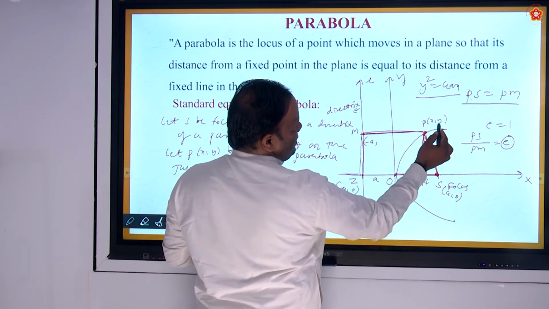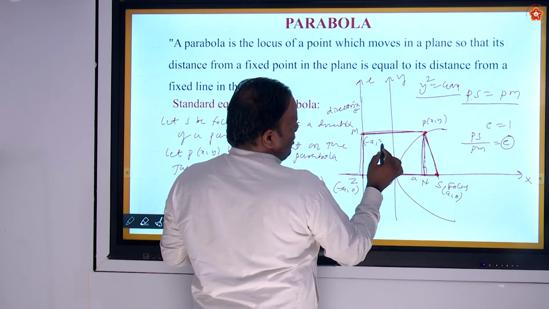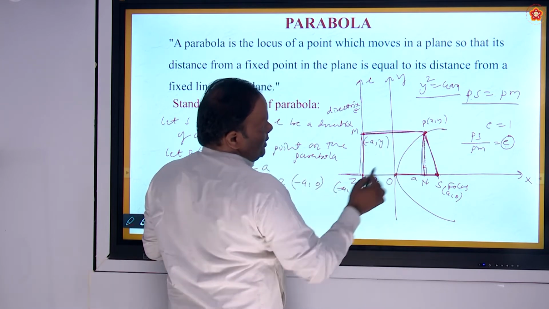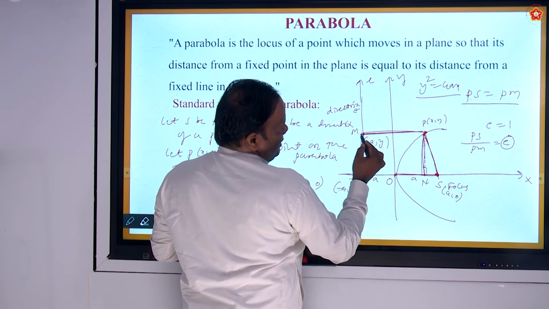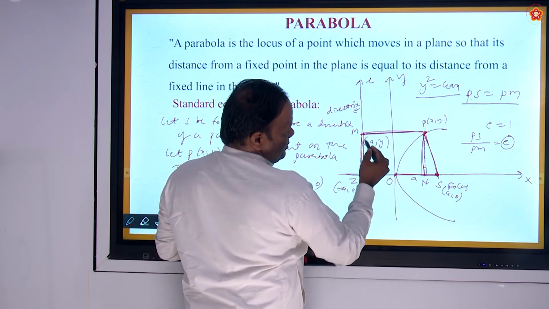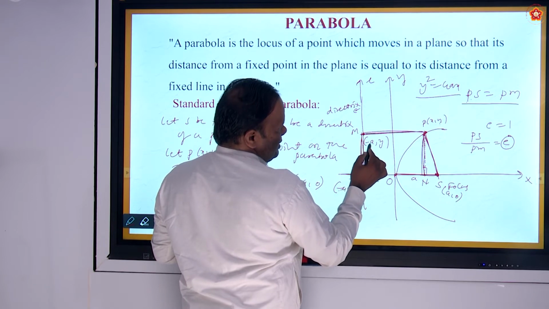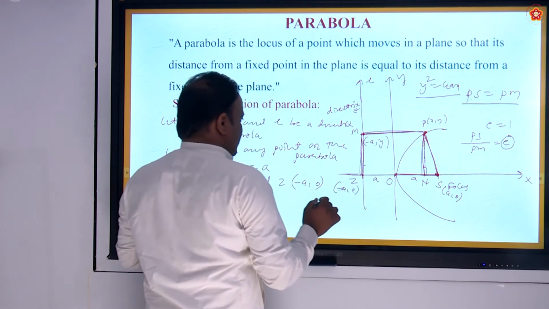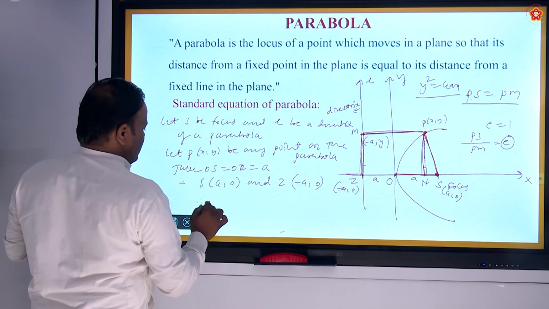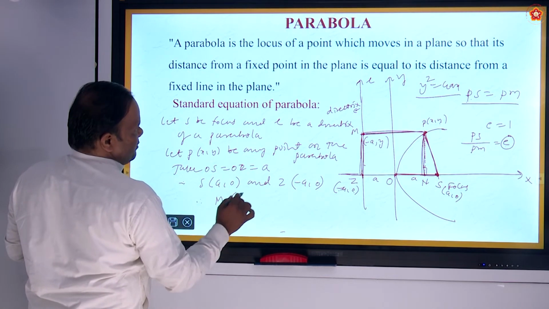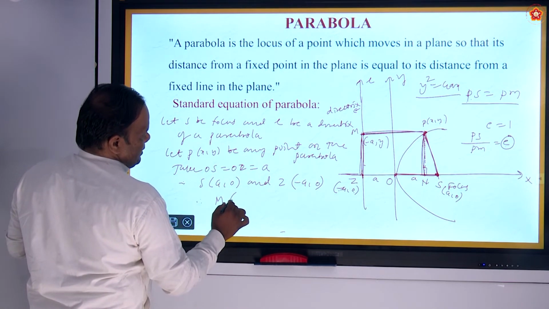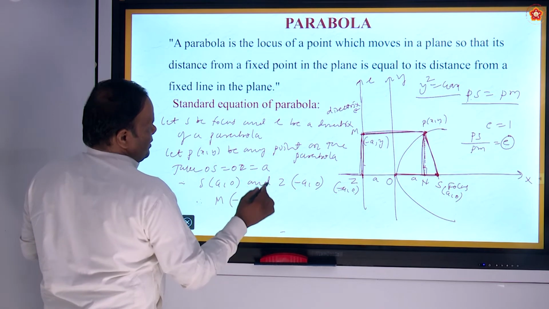What is the y coordinate here? Y. Therefore, the M coordinate is minus a comma y. If here is y, here also y. Take any point on this line, the directrix x equals minus a.